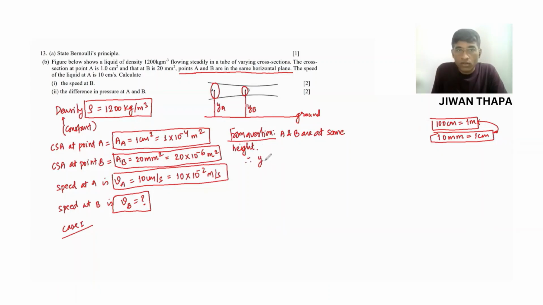Therefore, YA equals YB. So this is to be noted, okay?